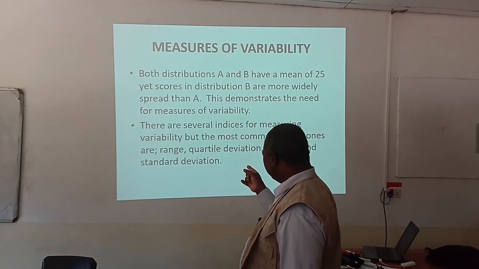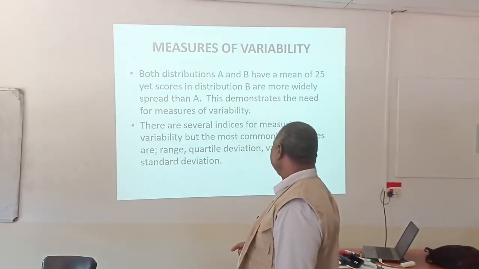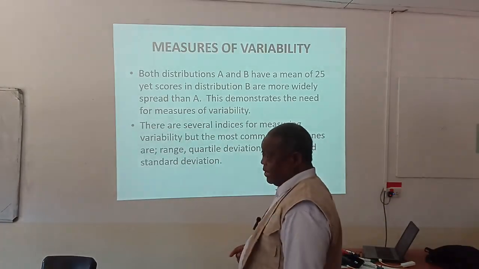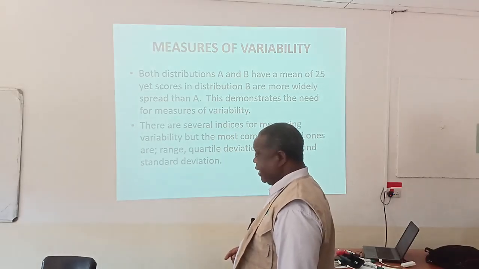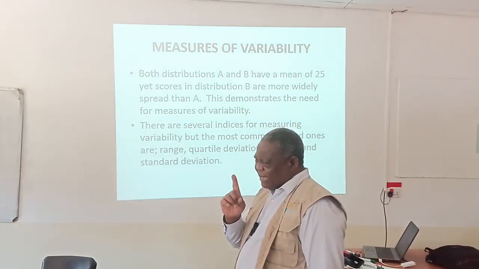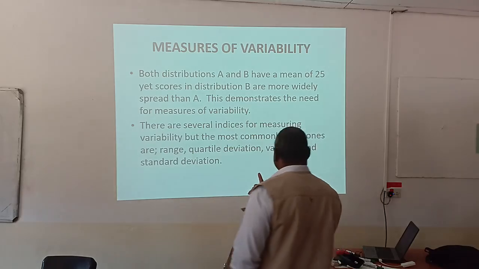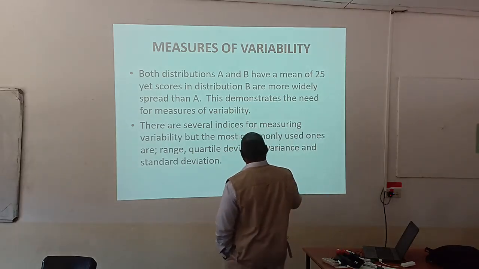And you can also use the quartile deviation. You will see how to compute that, which is also another measure of variability. The most common measure of variability people talk about is variance.